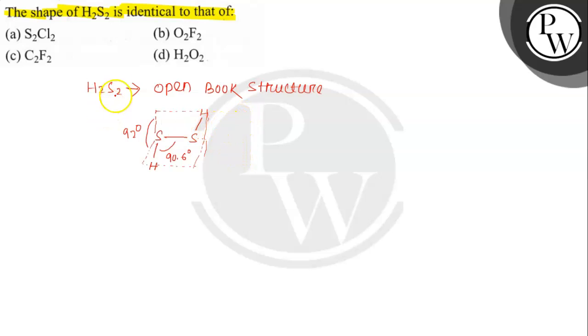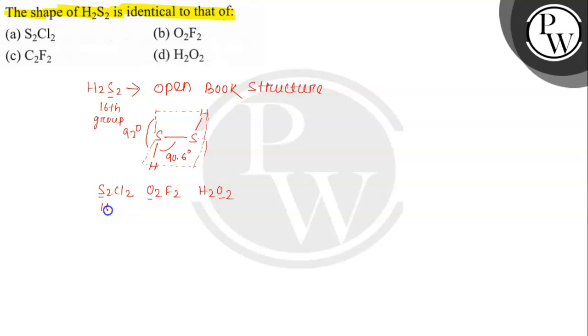And also one thing, sulfur is a 16th group element. If we see the options S2Cl2, O2F2 and H2O2, here the central atom is sulfur, here the central atom is oxygen and here also the central atom is oxygen.